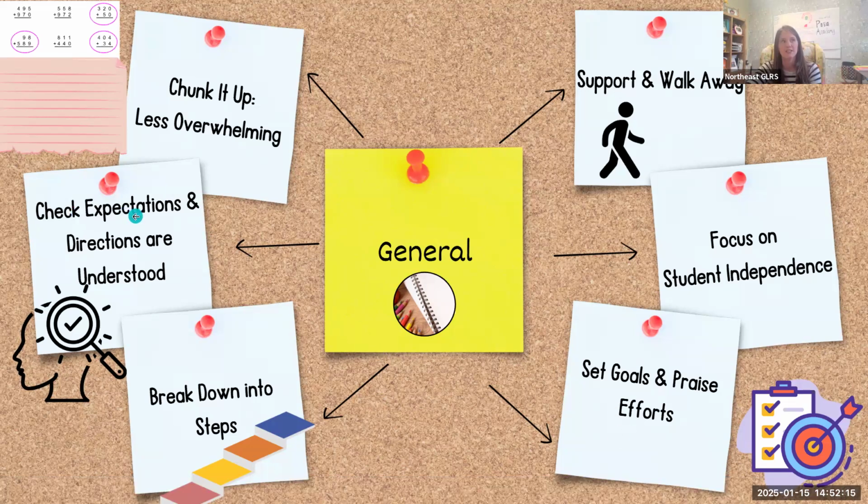Check that your expectations and directions are understood. So in any class that you're in, make sure that those students know what those expectations are, and that they understand the directions that are given. That is important no matter what you're teaching, because before a student can show what they know, they have to know what they need to show, right?